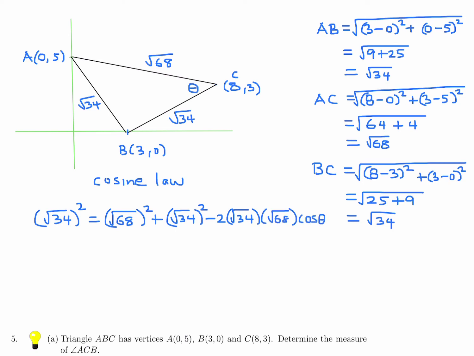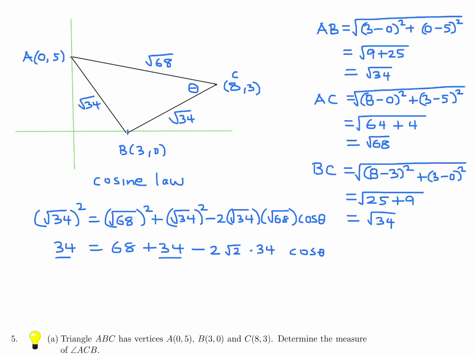Now all we have to do is isolate for cos theta. So let's get rid of all this. This is 34, this is 68, this is 34, and this is going to be 2 root 2 times 34, because that 68 can be broken up into 2 times 34. And then that's cos theta.